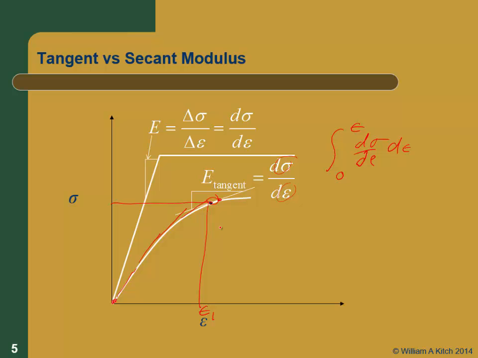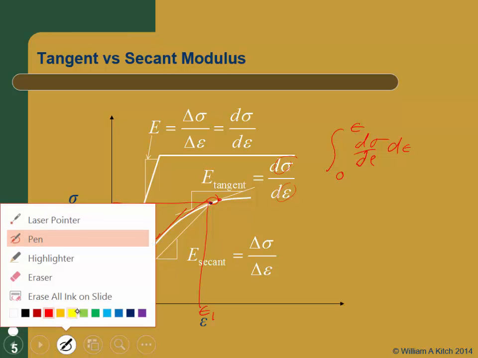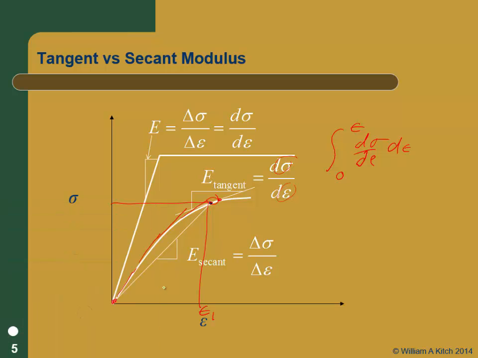If all I wanted to know was what's going on at that point, there's a simpler way to do it. I could just define a secant modulus, which is just this slope. Now this is much easier, because delta sigma is just equal to the secant modulus times epsilon 1.